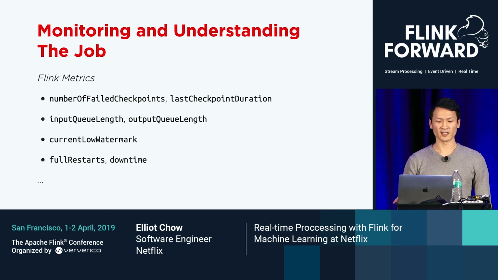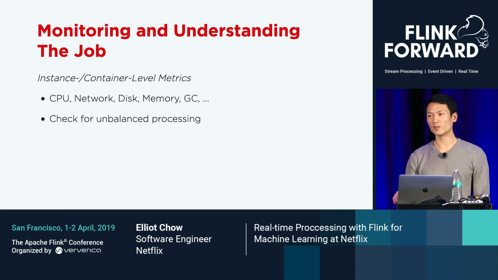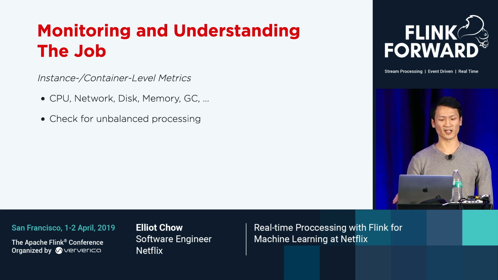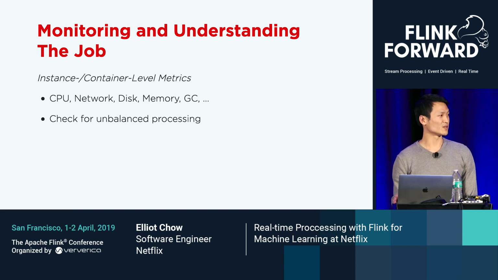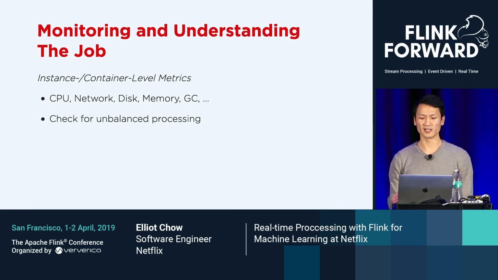Understanding the watermark is important, or if your job is restarting constantly, those are all important things to look at. Other high-level metrics about your instances or containers are great too, looking at CPU, disk, network usage, and so on. Mainly, this is great for identifying unbalanced processing, whether it's outliers like noisy neighbors, or you have some hotkeys in your keyed state.